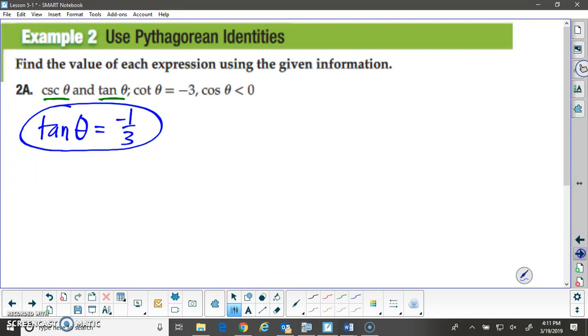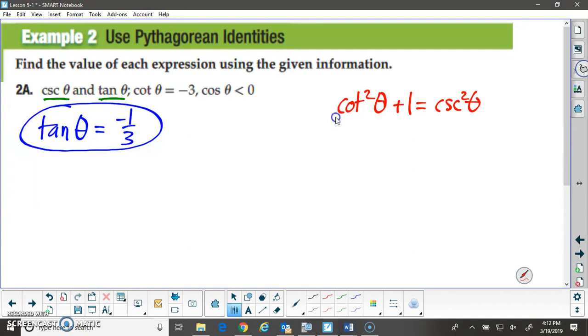And then to find the cosecant value, I'm going to use this Pythagorean identity. I put that down wrong. It's cotangent squared of theta plus 1 equals cosecant squared of theta.